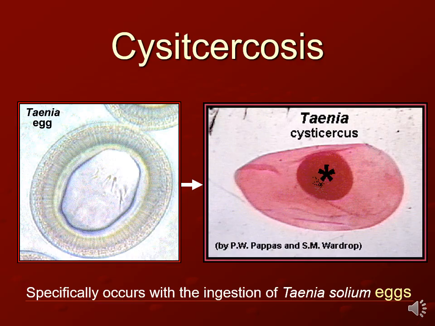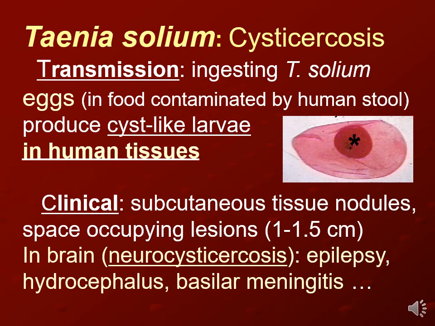And as written here, cysticercosis occurs specifically and only with Taenia solium eggs, which means that the Taenia saginata eggs do not infect humans. Okay, Taenia solium cysticercosis, this is for the transmission.